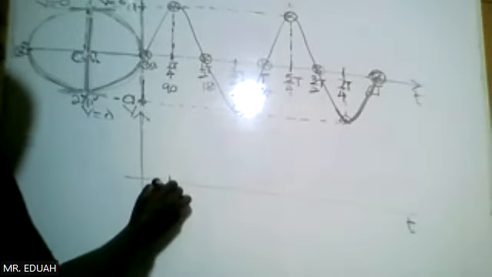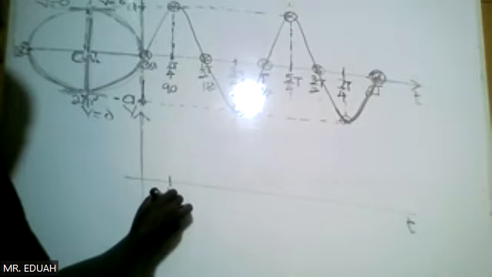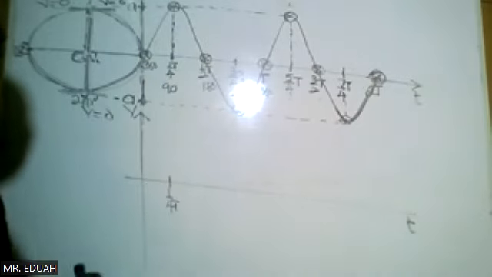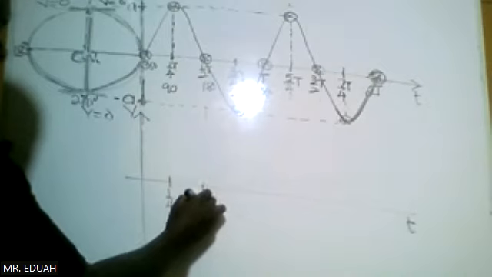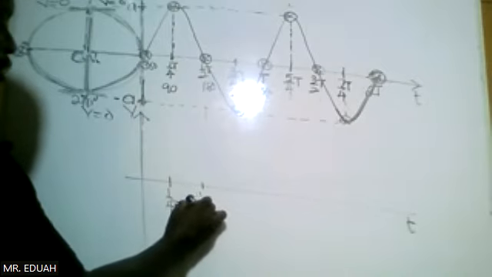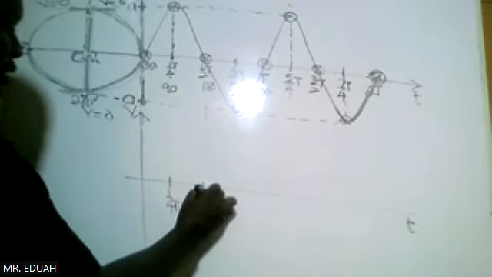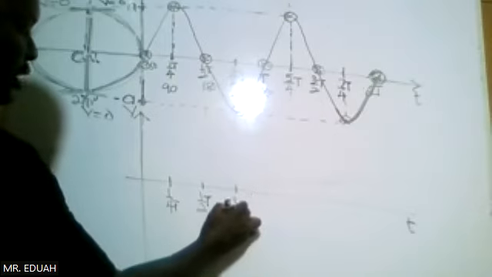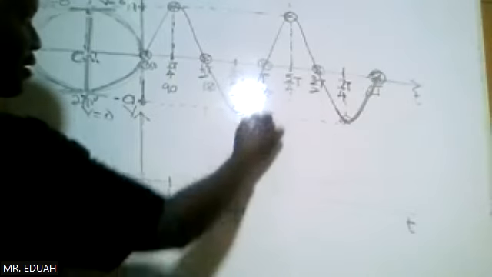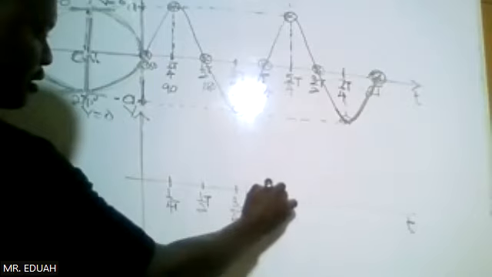So at quarter of the period for one cycle, at half of the period, three-quarters of the period, and then over a period, you would add on.